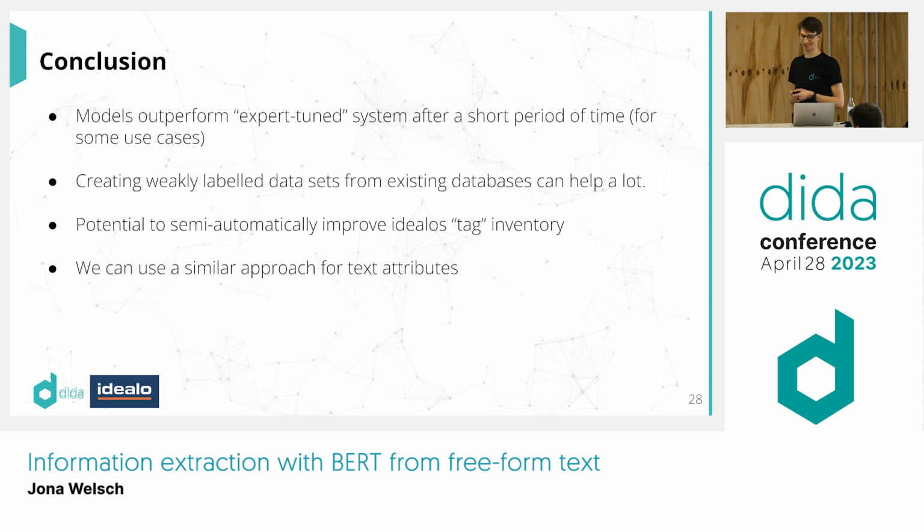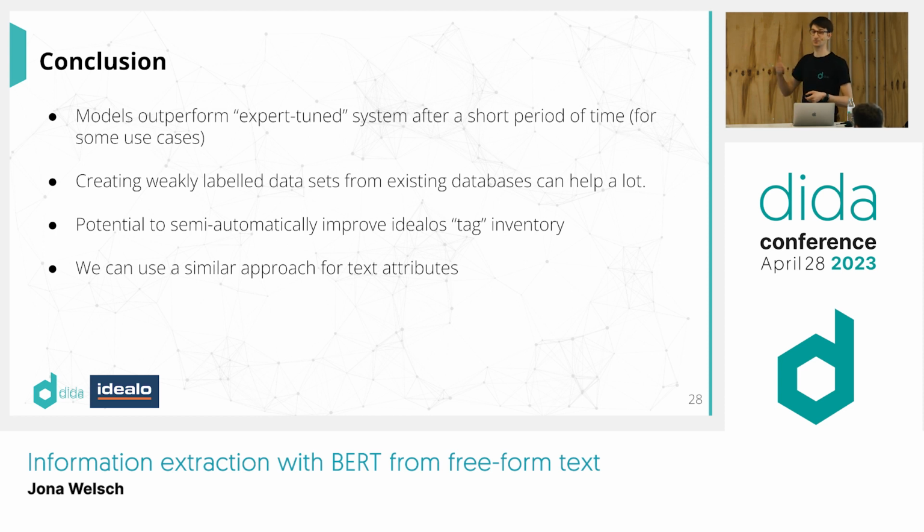So let's conclude. We've seen that I can train models which outperform these manually expert-tuned systems after a short period of time, especially for these numeric values. And I've seen that creating weakly labeled data from existing databases can help a lot, as we've seen in the metrics for the BertQA trained only on the weak labels.